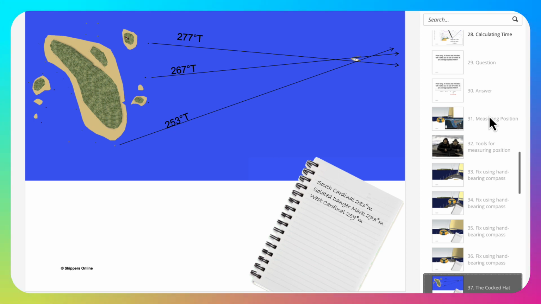By plotting all 3, remembering to convert the bearings from magnetic to true, we can get a pretty good fix. Here we're assuming that magnetic variation is 6 degrees west.